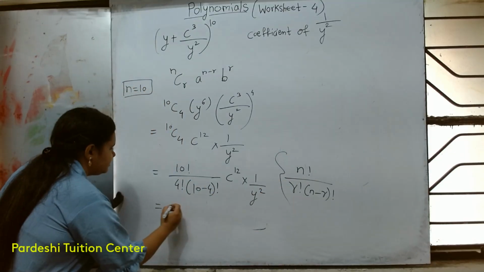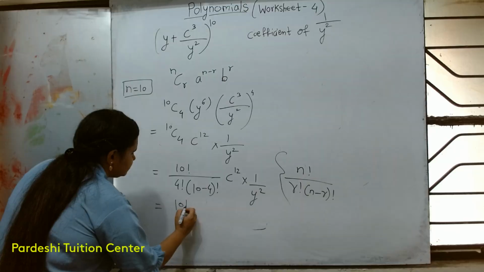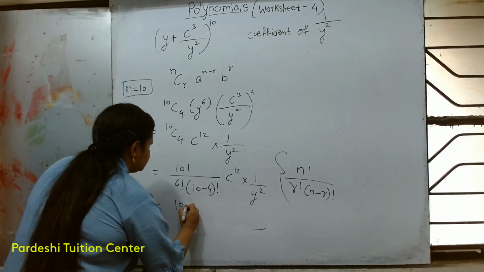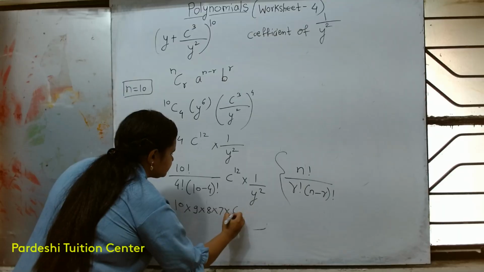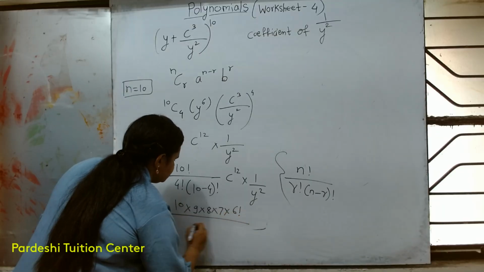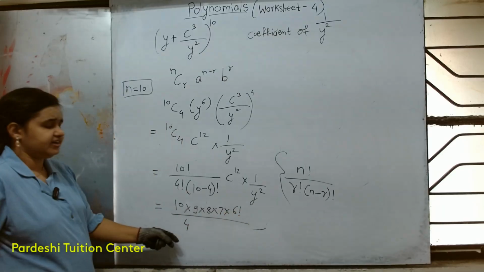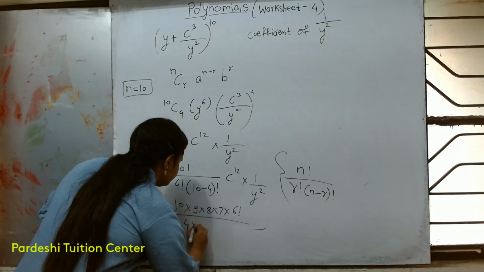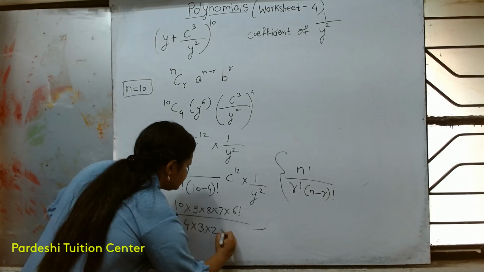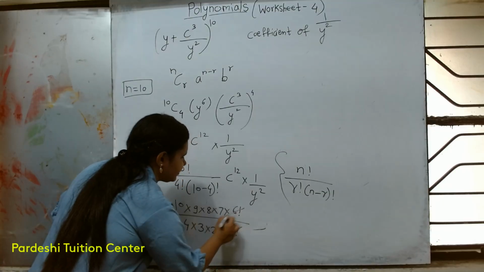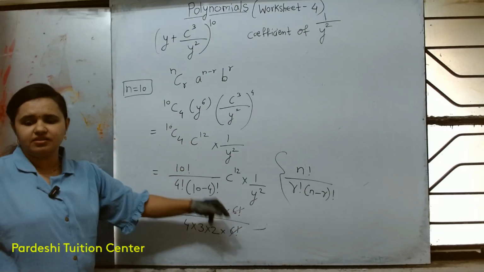Now 10 factorial, I can write as 10 into 9 into 8 into 7 into 6 factorial upon 4 factorial, I can write 4 factorial as 4 into 3 into 2 into 1, and 10 minus 4 is 6 factorial, again 6 factorial will get cancelled.